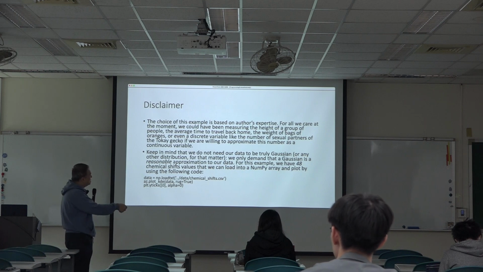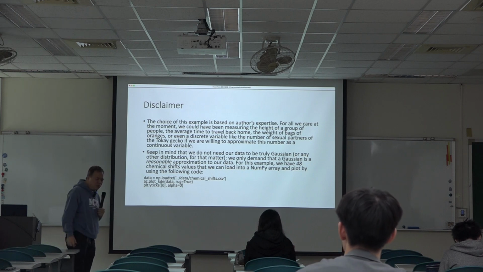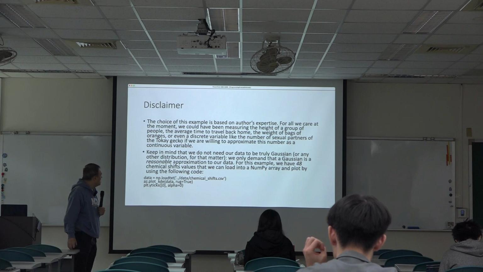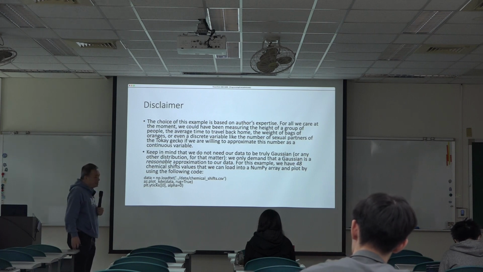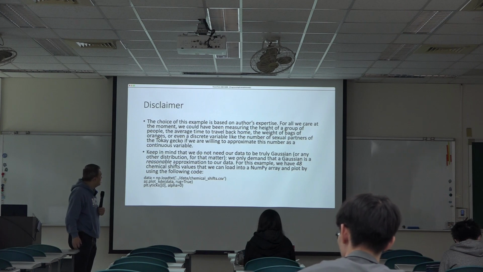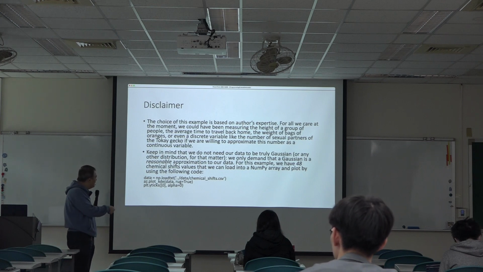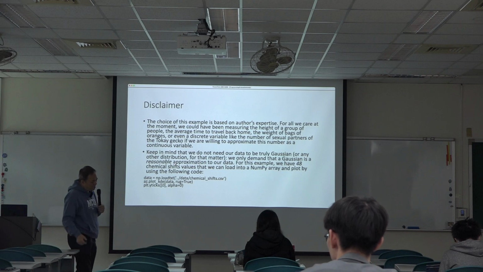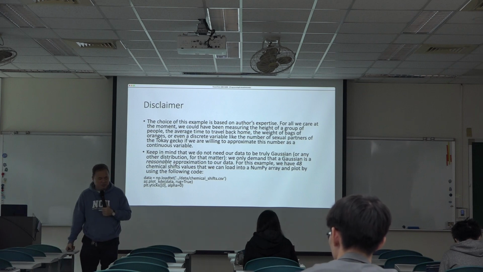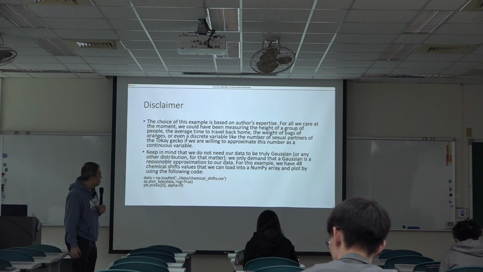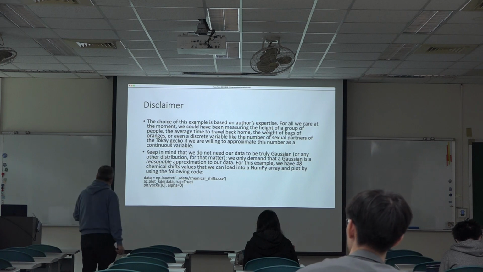The last one, you may argue, well, Gaussian distribution is continuous. How come there's a number of sexual partners of the gecko? Obviously it's discrete, right? But if you can approximate the integer by a continuous variable, then you can even model that discrete case by a Gaussian distribution.